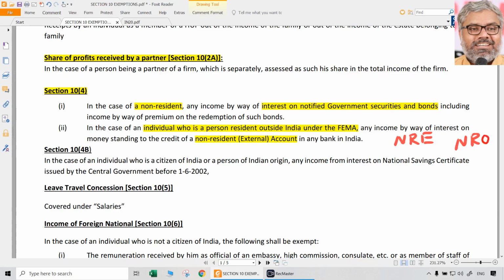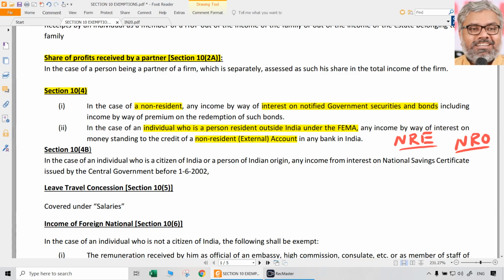That is the other type of account, the non-resident ordinary account, an operational account. NRO account is also opened by a non-resident only, as the name itself indicates. But deposits can be made within India also. For example, a person who is an NRI staying in Canada has a house property in India.